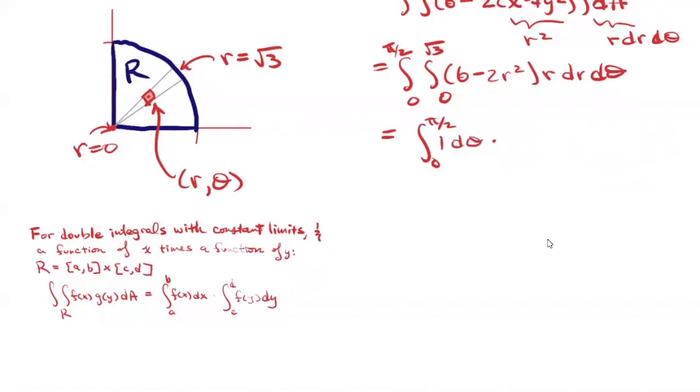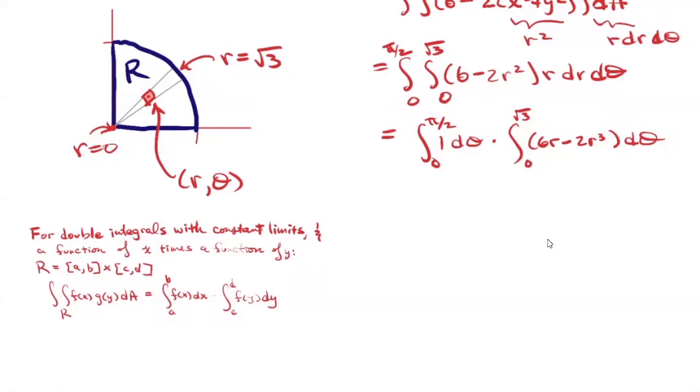And then times another integral from 0 to the square root of 3 of, if you multiply the r through, 6r minus 2r to the third. Now that's what I'd consider a pretty straightforward integral.